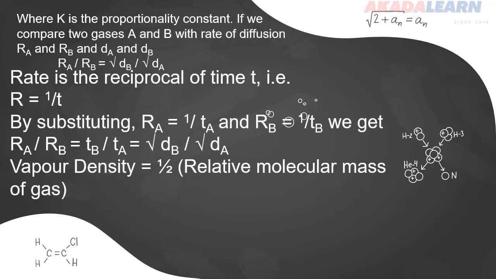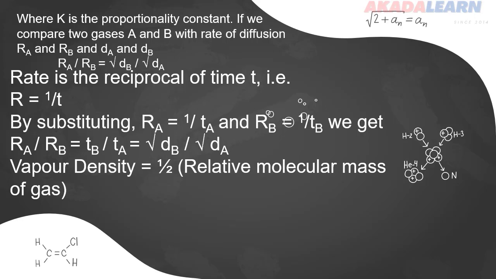Now, let's look at the rate being the reciprocal of time. So we're looking at how Graham's law, the rate of diffusion of a gas, compares to time. So the rate is inversely proportional to time.